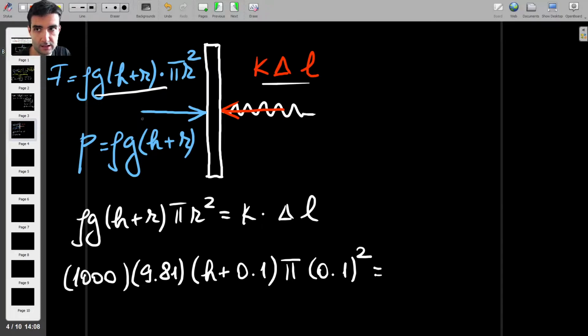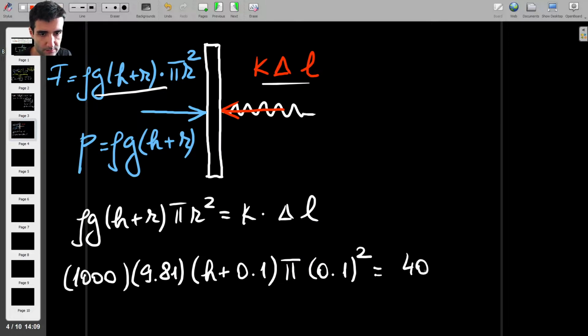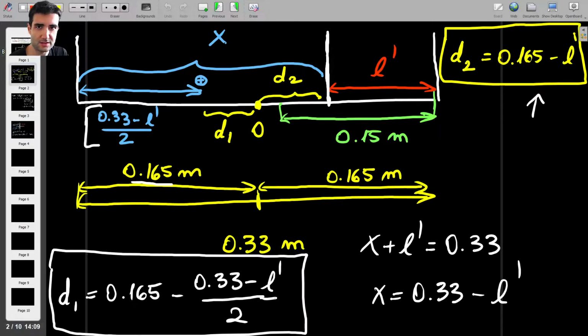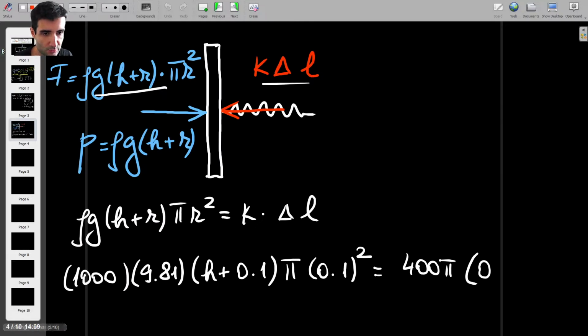Right, and now K is the spring constant, so that's 400 pi, multiplied by the change in length of the spring. All this thing that we did with the diagram and everything, we did it to find this value of how much the spring has been contracted. So that's 0.04.